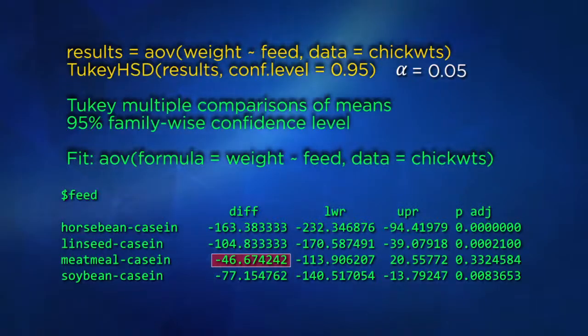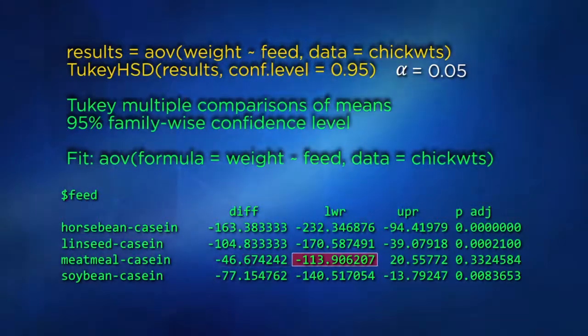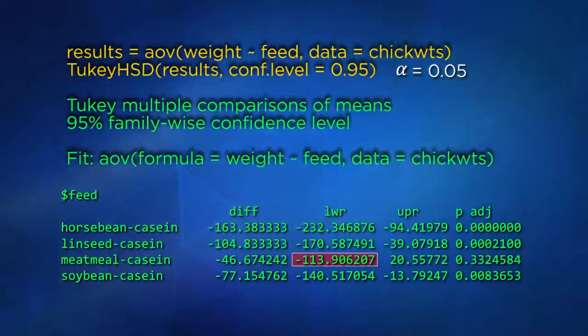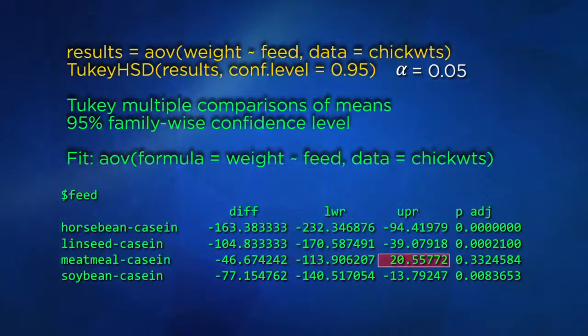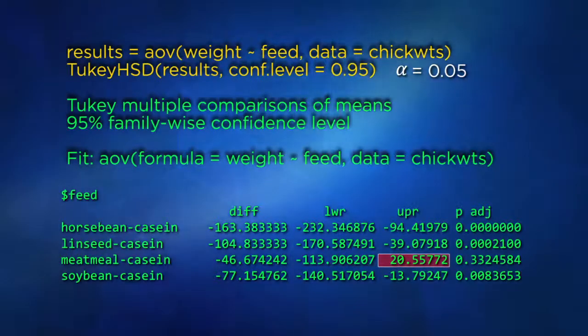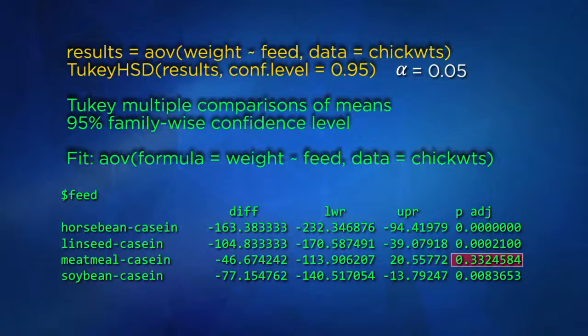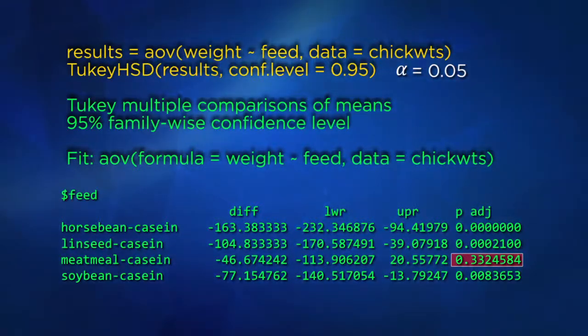The lower end of that confidence interval is minus 113.9. The upper end goes to 20.55. You'll notice that that confidence interval includes 0, and the p-value is not significant, saying that the difference in feed between meat meal and casein is not statistically significant.